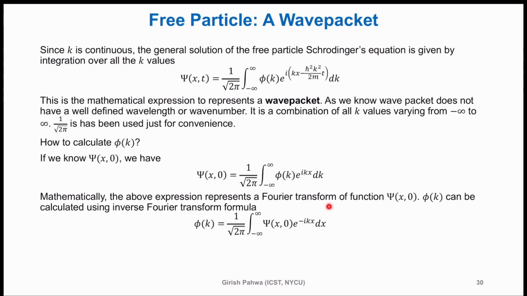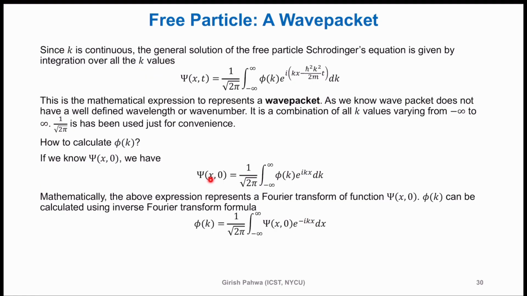This is basically the inverse Fourier transform, and if I keep 1 upon root 2 pi here, in the inverse Fourier transform I will get 1 upon root 2 pi. So that's why I kept it for the symmetry. But you can calculate phi k from this formula. This is called the inverse Fourier transform.